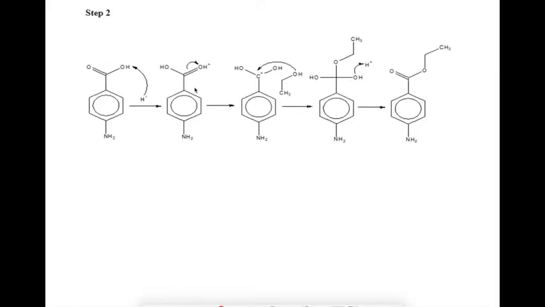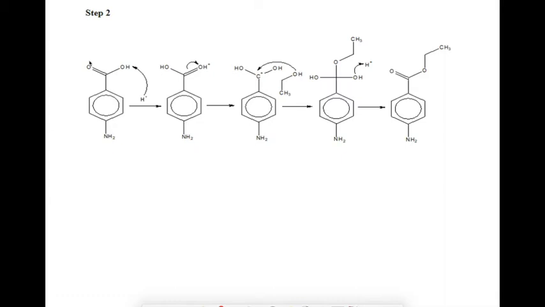In step number 2, the esterification reaction takes place. In the mechanism, step 1, you can see the proton is introduced to the para-aminobenzoic acid, specifically to the carbonyl group, that is the carbon-oxygen double bond.